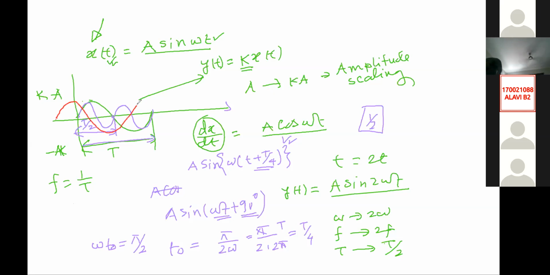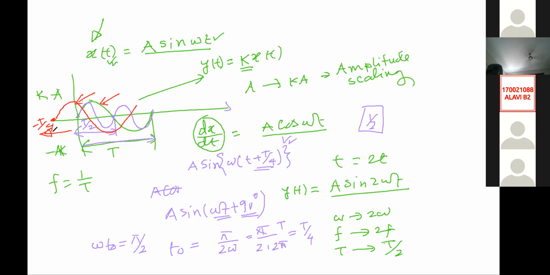Compared with your blue curve, your red curve is advancing in this direction by an amount equal to T divided by 4, that is 90 degrees or pi by 2. That means it is a time shifting operation, okay?